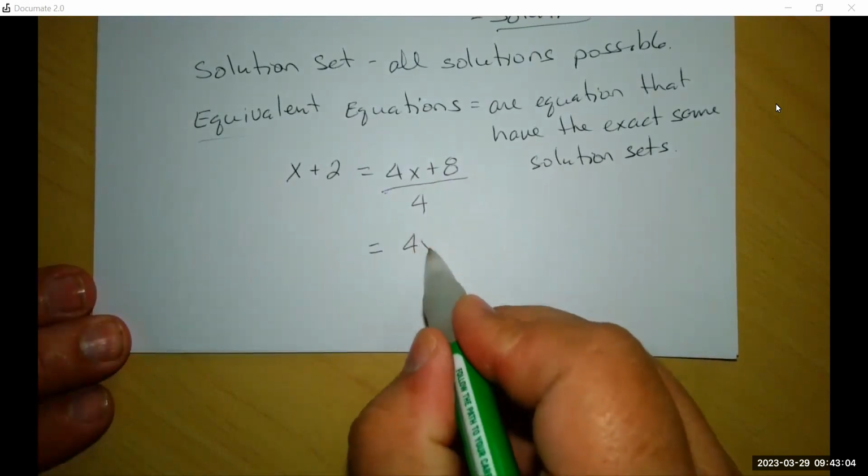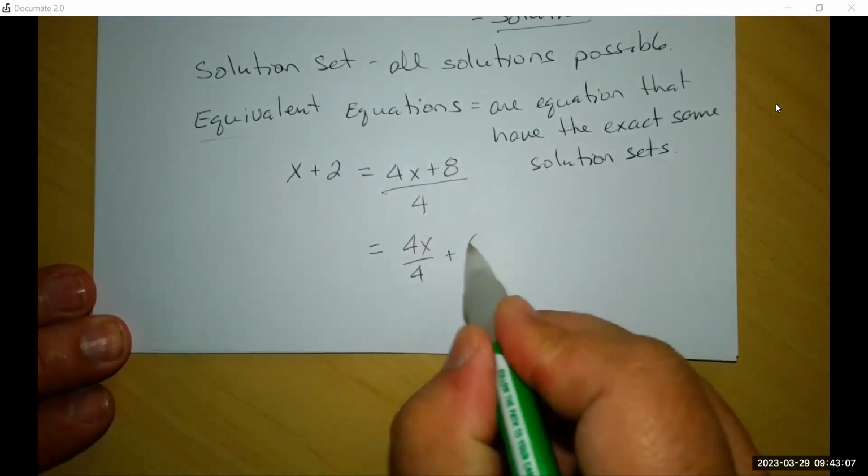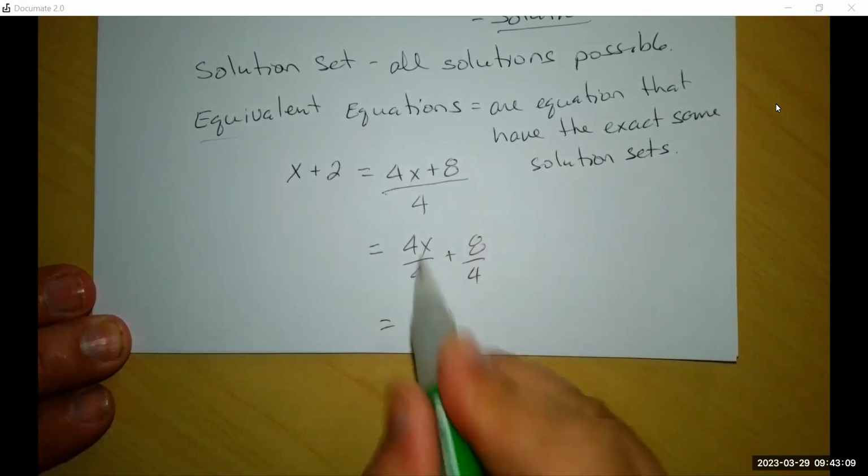So we get 4x over 4, 8 over 4. What is 4x over 4?